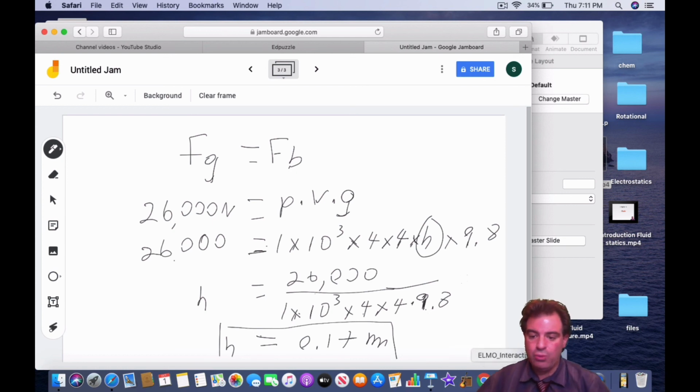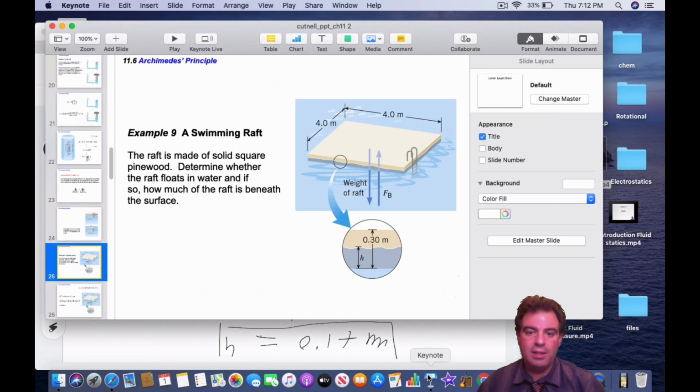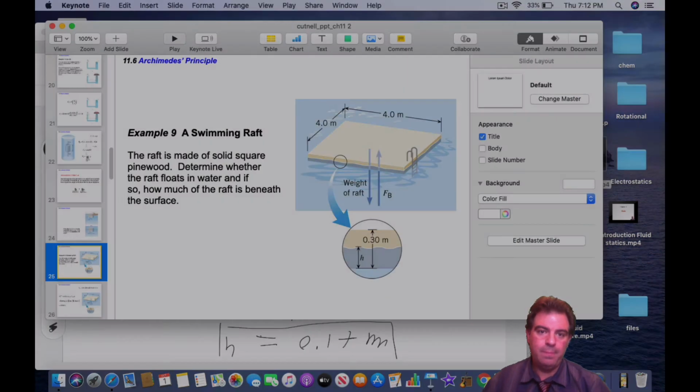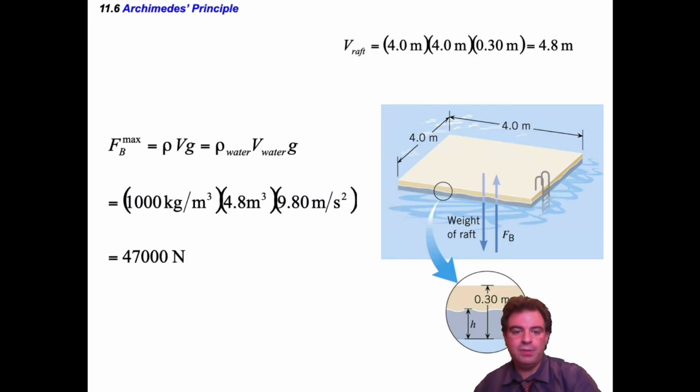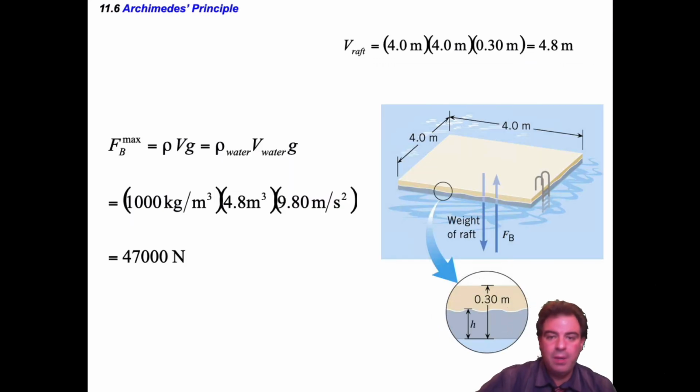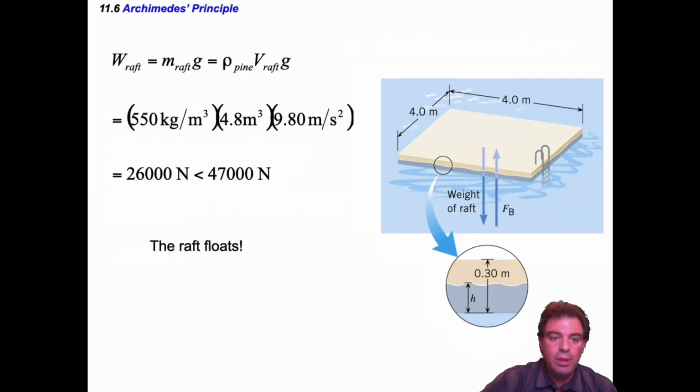If we go back to our presentation and double check, we will clearly see here is our raft. Here, of course, is the force of buoyancy, the maximum force of buoyancy. We said 47,000 newtons, which is exactly what we calculated.